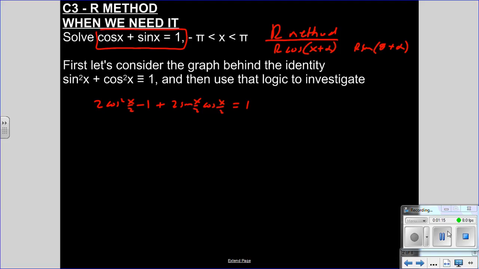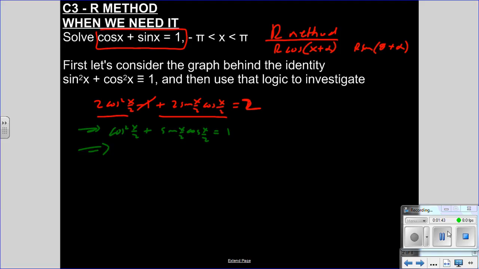But in this conversion, it's not obvious what to do, because your minus 1 would cancel and make this 2 here. But then what? You divide everything by 2, you still can't take a factor either side. So cos²(x/2) + sin(x/2) cos(x/2) = 1.